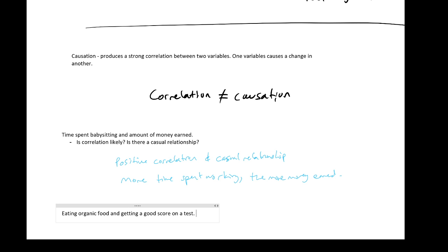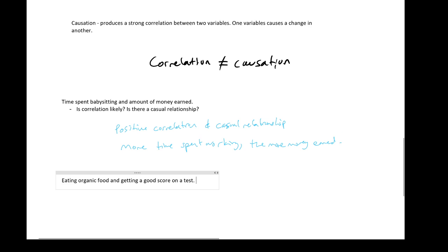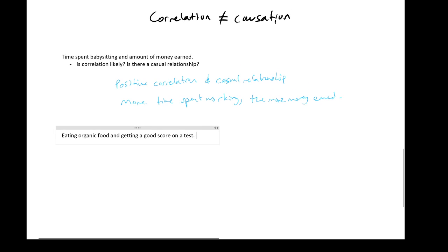Okay? And here, this is one of those things where there may be positive correlation, as possible, okay? But there's no causal relationship.